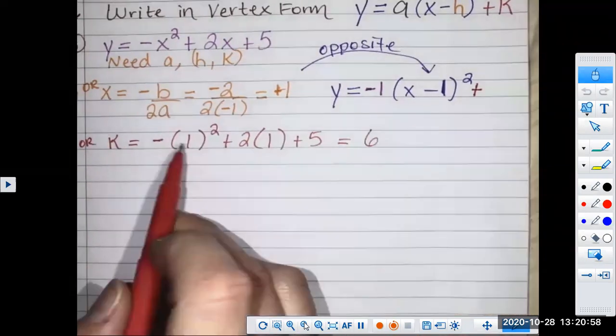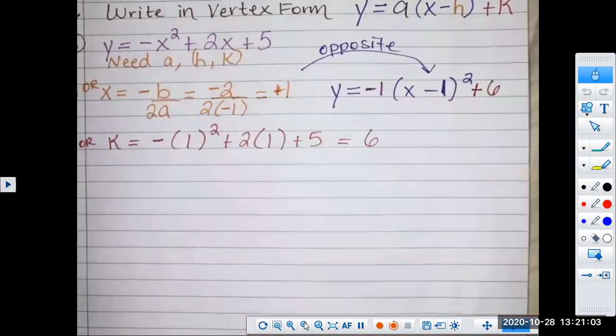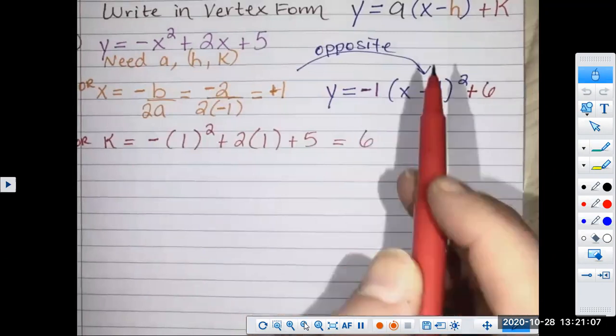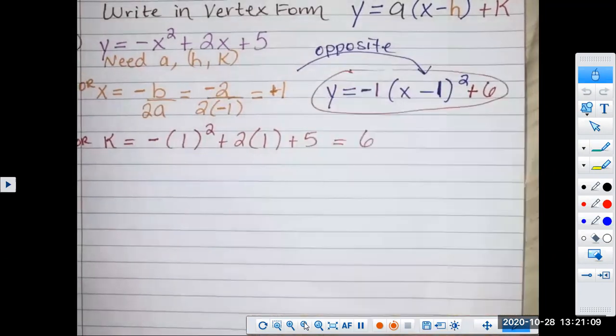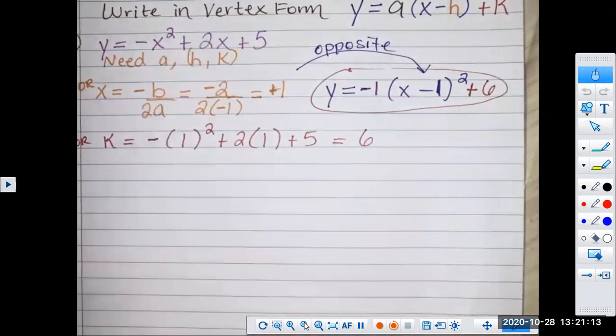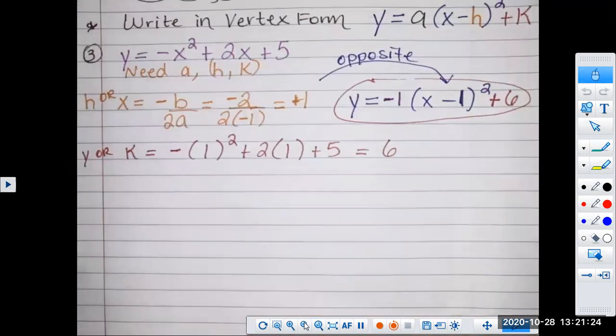This stays, this becomes -1. So we know A, we have H and K. That is this standard form equation in vertex form. All right, do y'all have any questions about that? If you're more of an algebra type person and you don't like graphing, you'll probably like that particular thing better. Okay, one last problem.